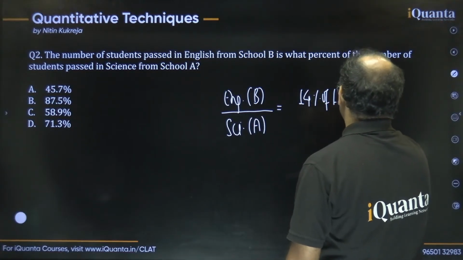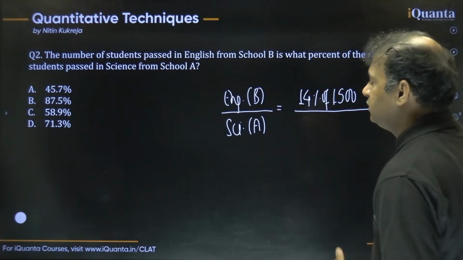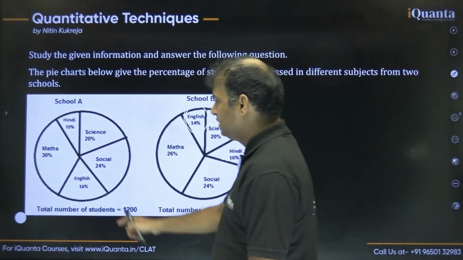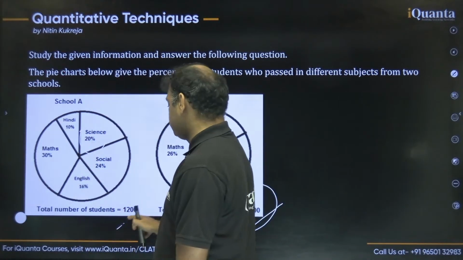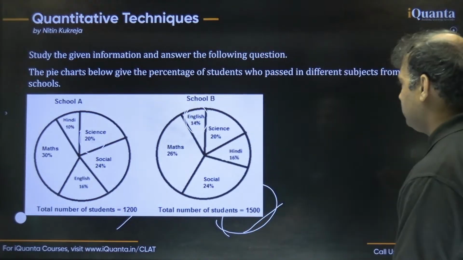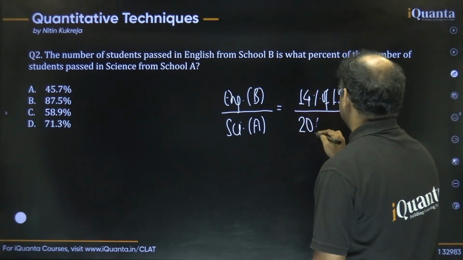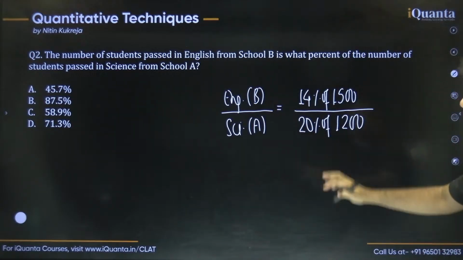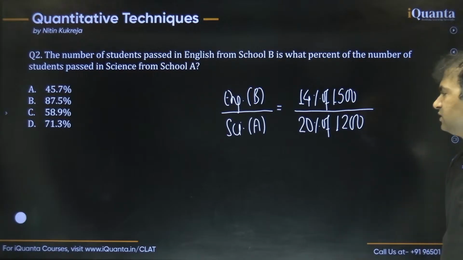The second is we need to find the number of students passed in science from school A. This is science, 20 percentage, okay? School A students are 1200. So this should be 20 percentage of 1200. So guys, this is the question. We need to find that 14% of 1500 is what percentage of 20 percentage of 1200.